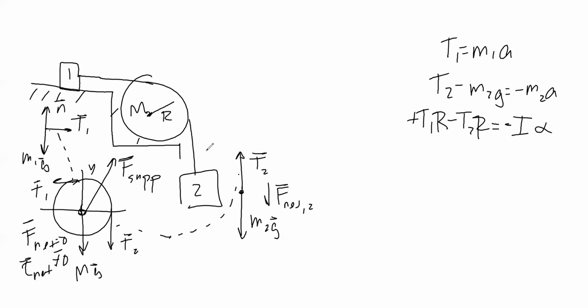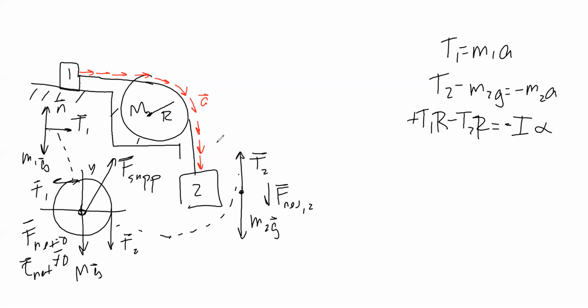The acceleration of every point on the rope is down, or it's in this direction. And that acceleration vector kind of wraps around the edge of the pulley, or the drum, or whatever you want to call it. And it continues all the way like this. So this is the acceleration vector of the rope at every location of the rope.